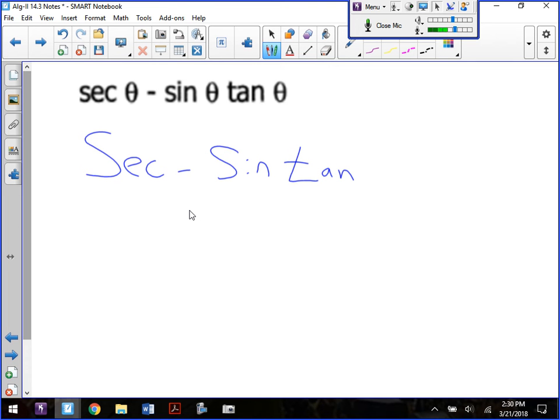When you have mixtures, always rewrite in terms of sines and cosines, and that's generally a great first step. Secant is what over what? 1 over cosine, good. Sine, that's fine. And then tangent is sine over cosine. I'm going to put this over 1 because this doesn't change anything.